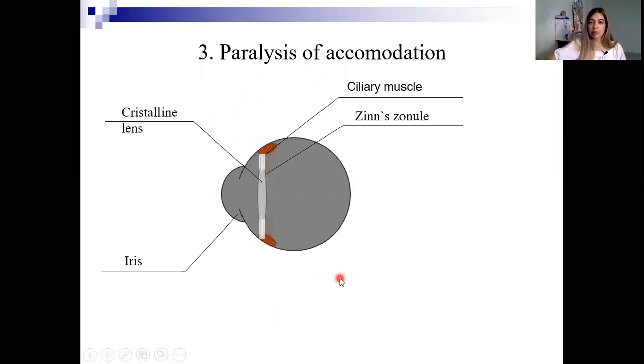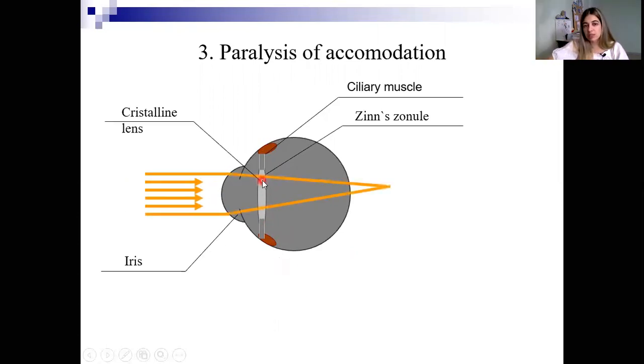But what happens if the muscles are contracted? You see that the form of the lens becomes different, and now you can see only the objects which are far away from you.